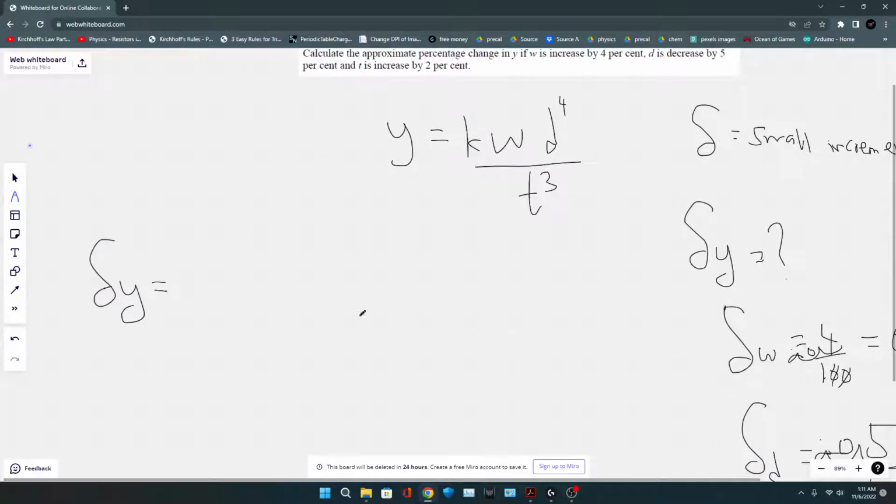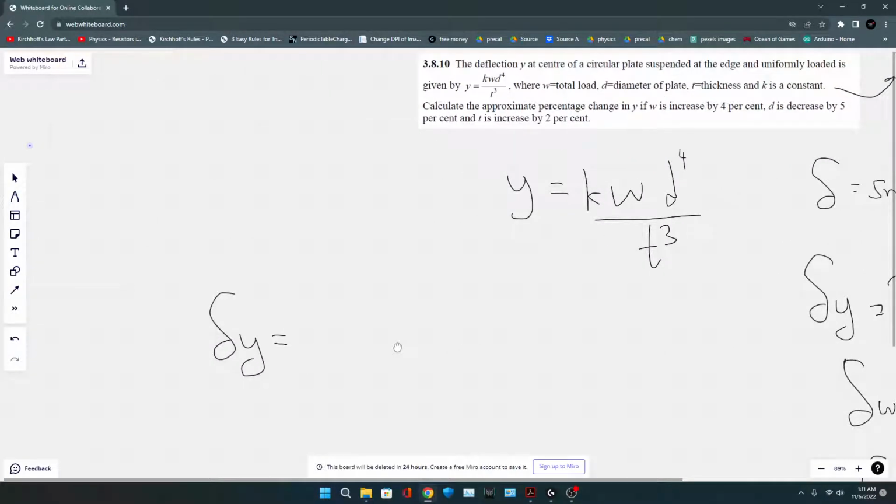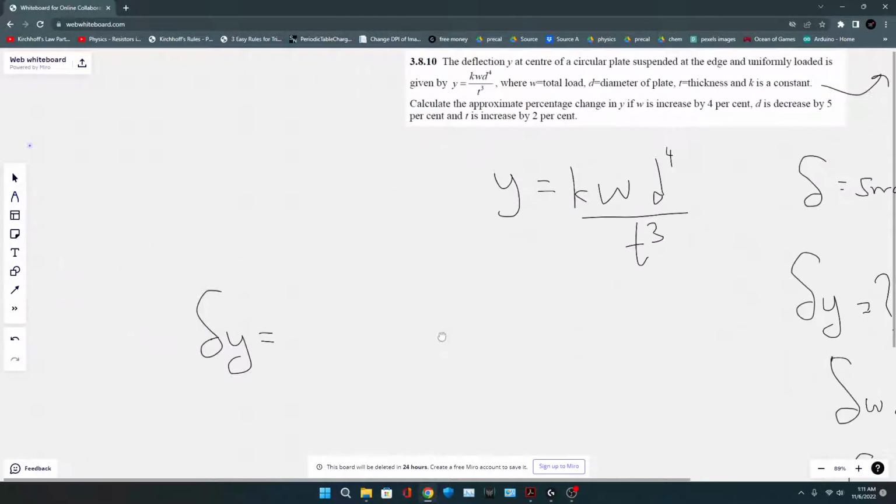So the small increment of y would be dia delta. Ni ambil dia punya equation, this is the main equation. So ambil delta y divided by delta.